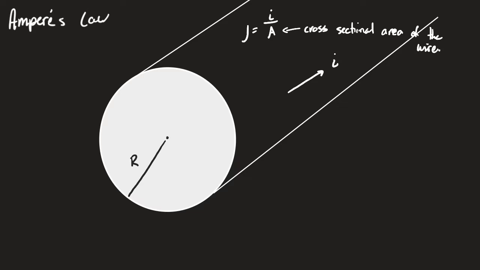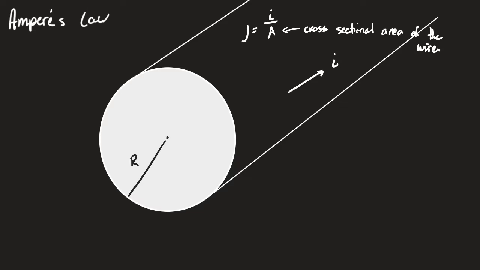Putting my thumb in the direction of the current, or in this case, into the board, we should have these rings of magnetic field inside the wire. And the reason for this should be that in any one of these rings, inside of it is the motion of charged particles due to the current. So outside of it has to be a magnetic field produced by the motion of those charged particles.